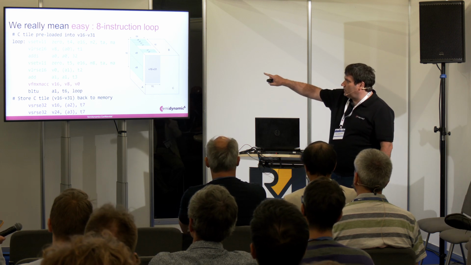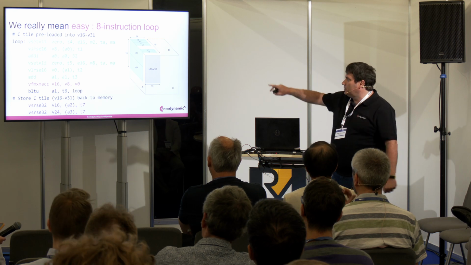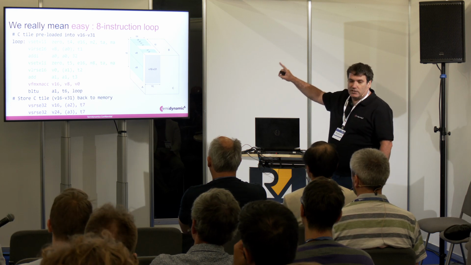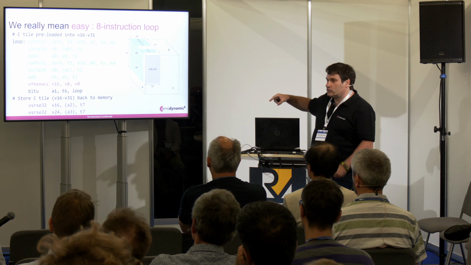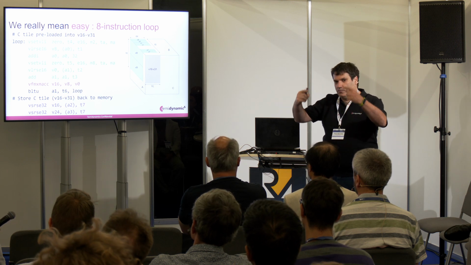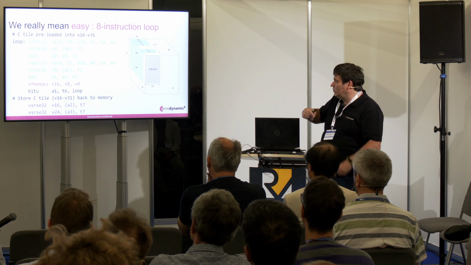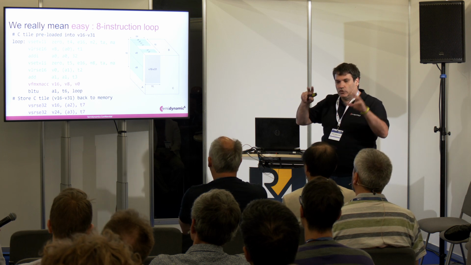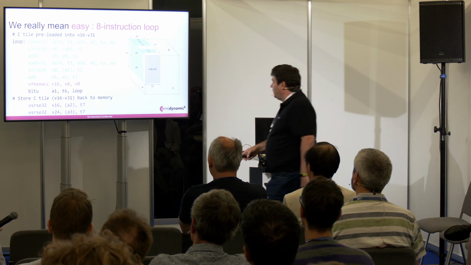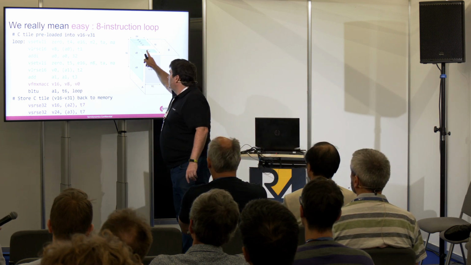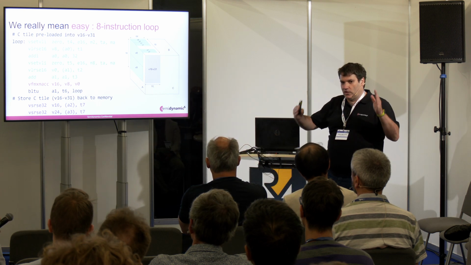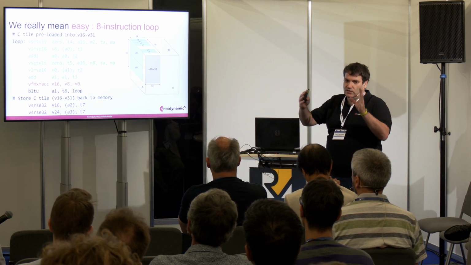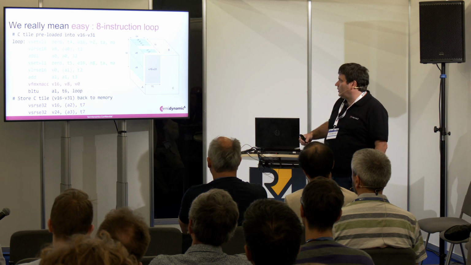I set the bit type: the element is 16 bits, my LMUL is 2, and then I do the BLRSE of B8, so it means that I will load B8 and B9 because I said LMUL 2. Then in T1 I encode that I'm going to have 16 elements per row and the size of the row. I put 16 on the low side and the size on the high part.